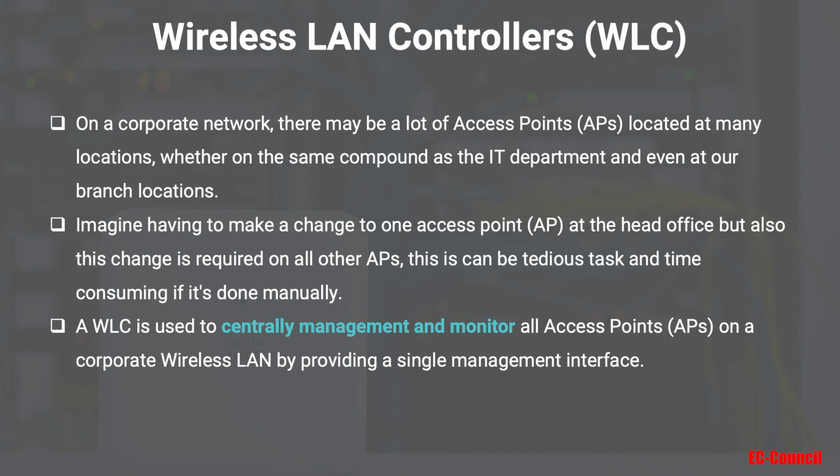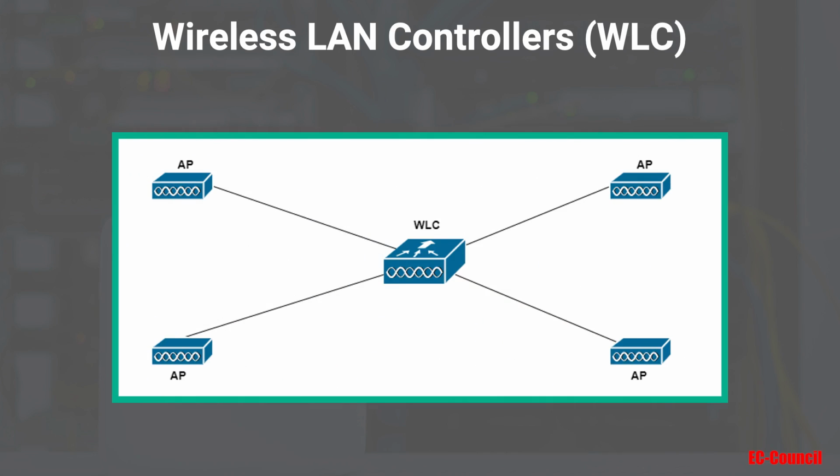A wireless LAN controller, or WLC, can be used to centrally manage and monitor all access points within the entire corporate network using a single management interface. So we can think about you as the network administrator. You can log in to the wireless LAN controller and make your changes.